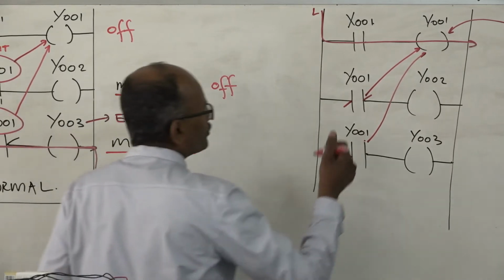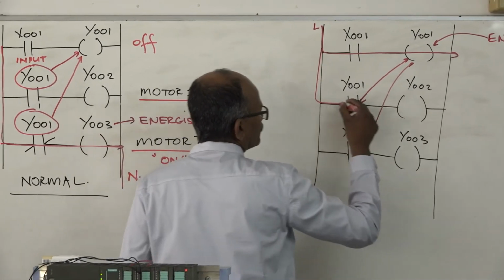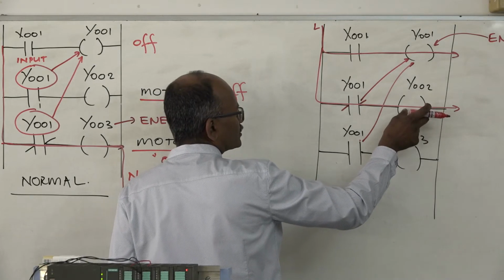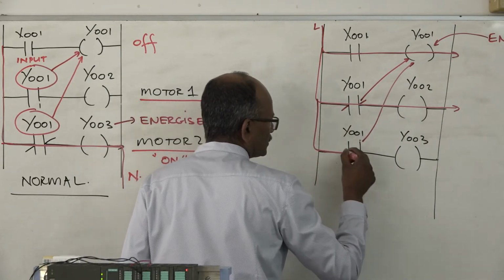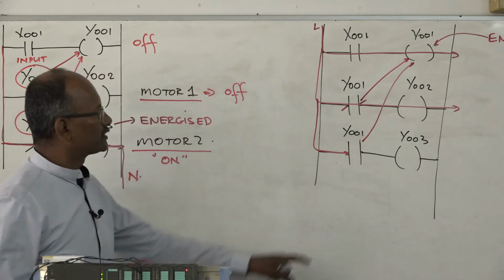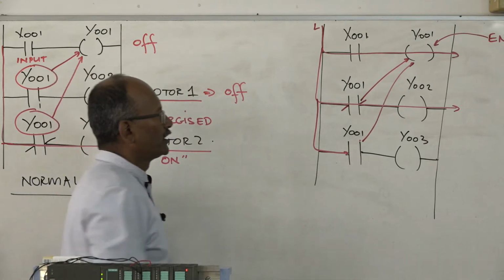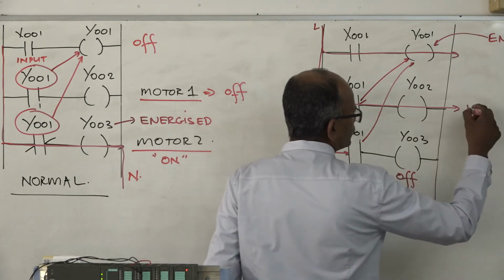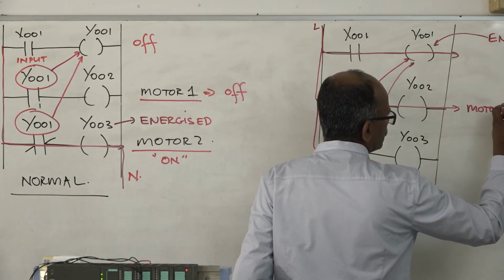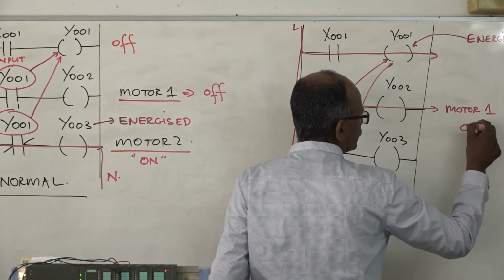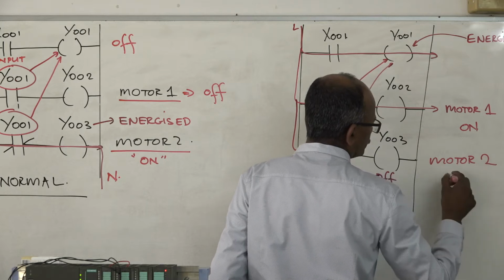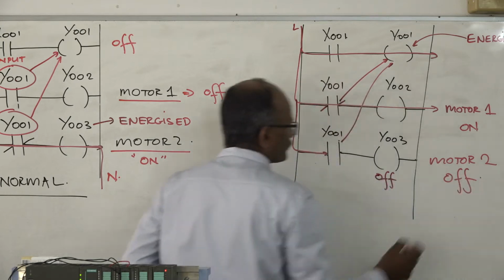Current will now flow through this circuit and energize Y002, and current would stop at that point because the normally closed became normally open, and this would now turn off. So motor 1 would now turn on, and motor 2 would turn off.